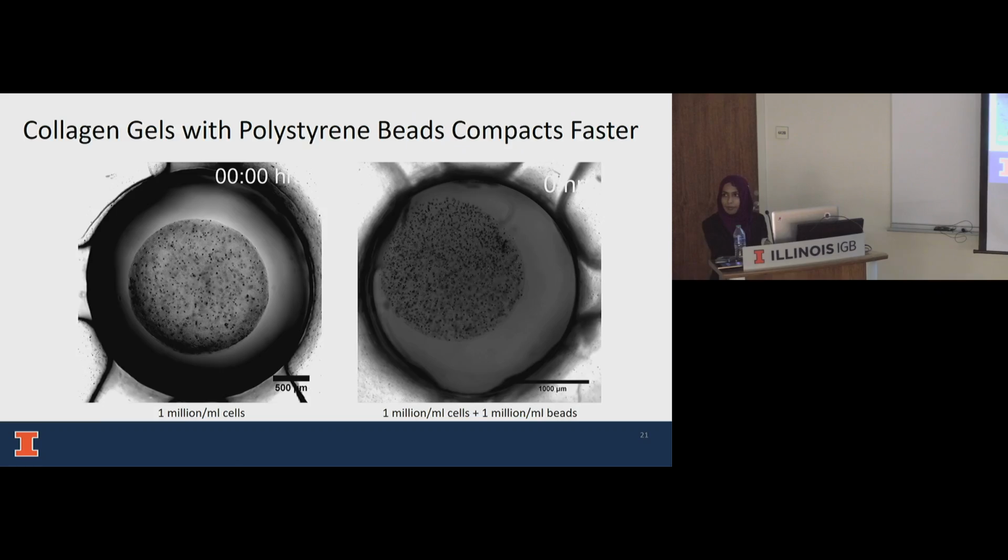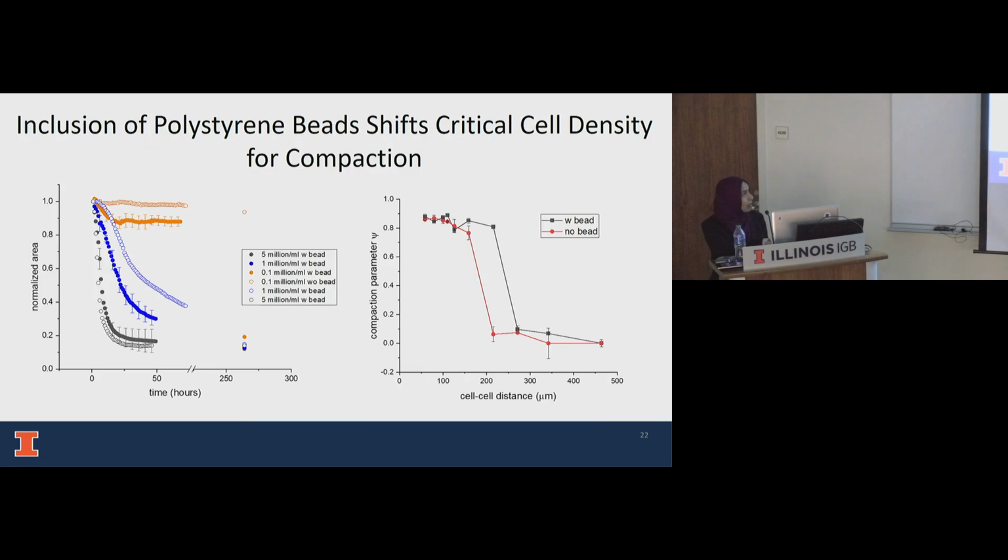So the beads are not as effective in shifting that plot as cells are, but they're about half as effective. Yeah. So the purpose was that the beads are not releasing any biochemical factors, but just by their presence, like rendering the matrix stiffer, they are shifting the transition point.